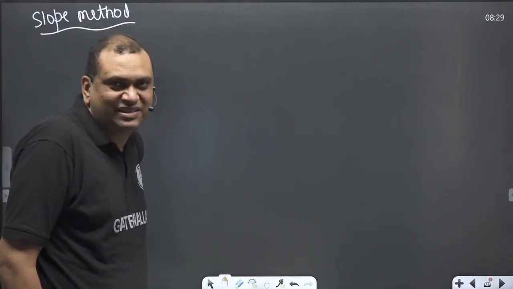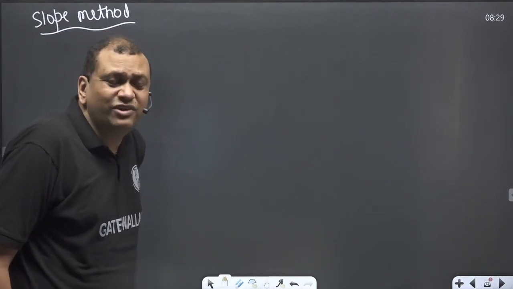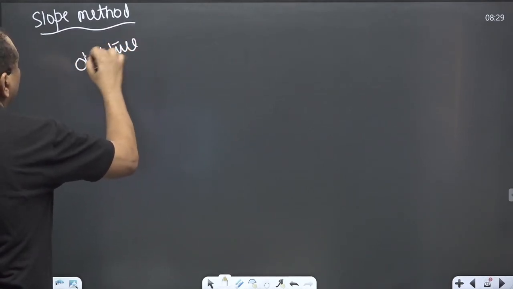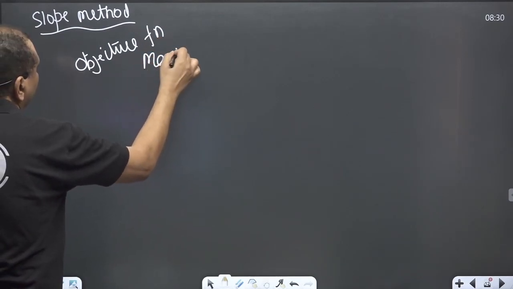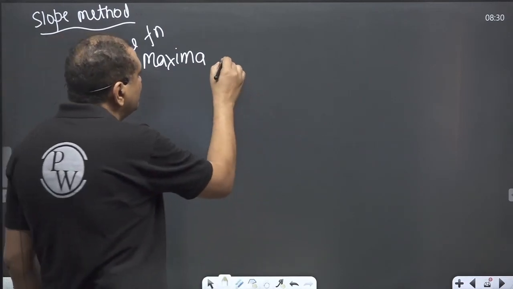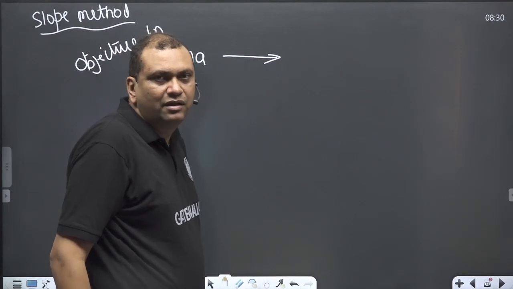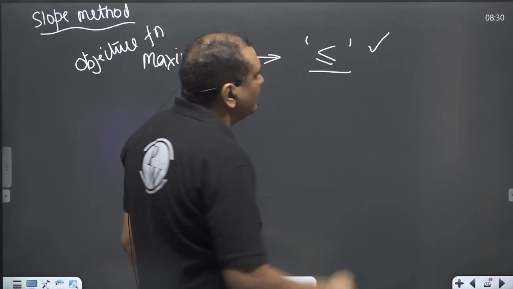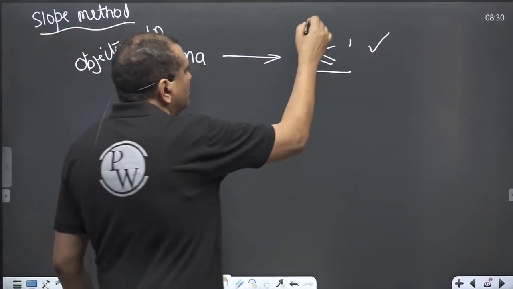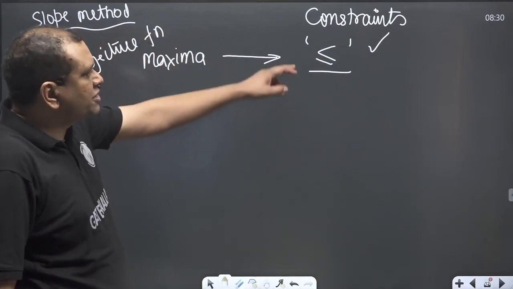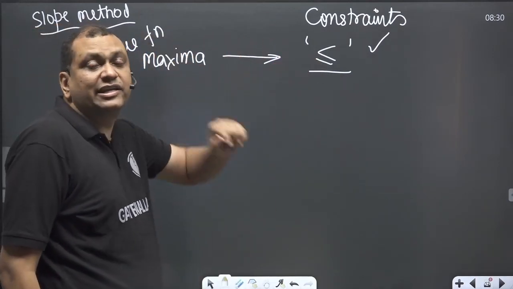If you are applying the slope method and the objective function is maxima, we see the slope of the constraints of only less than equality sign.